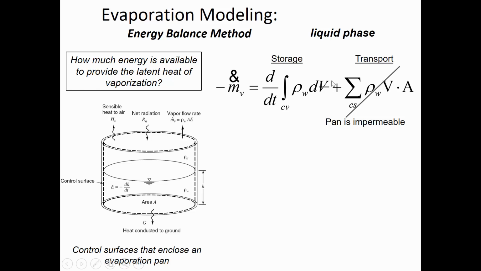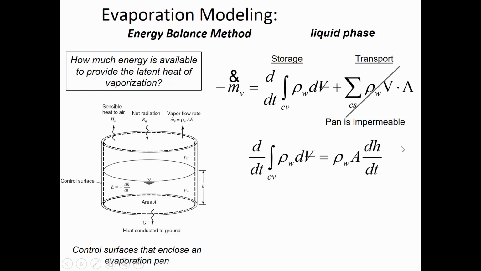And so here the change of storage, the dV, or V with the cross through it, that means volume. This is the mass that's being lost in this storage inside of the control volume. And so we have a loss of mass over time that's equal to the density of water times the area of the surface times dH dt.